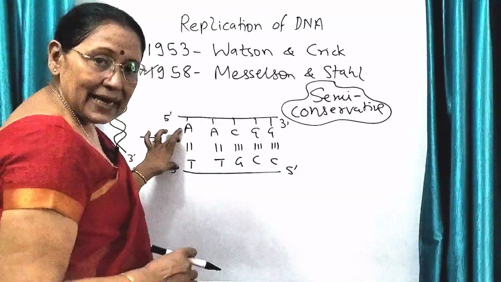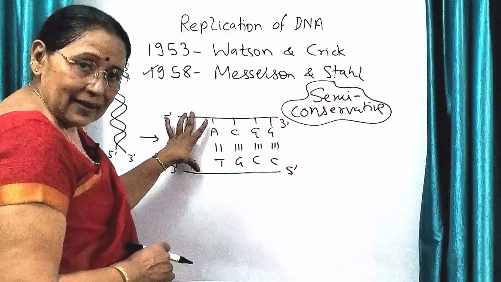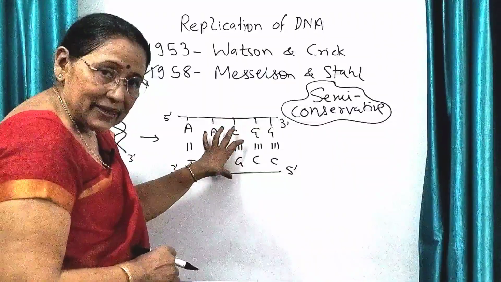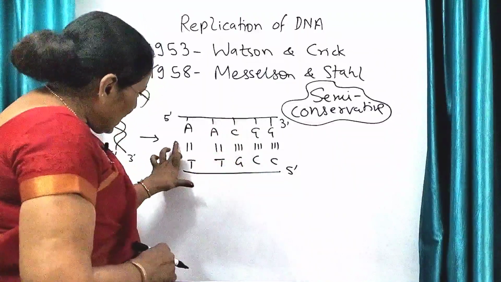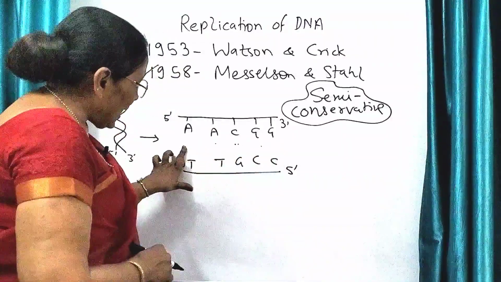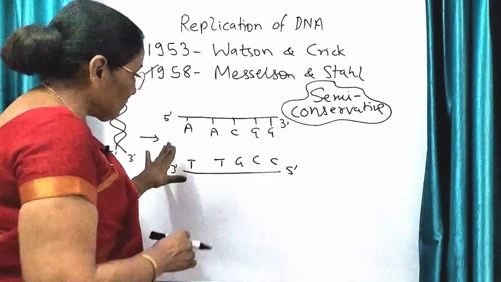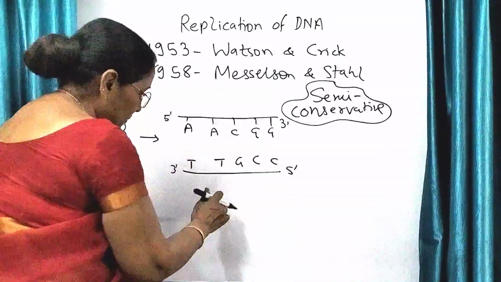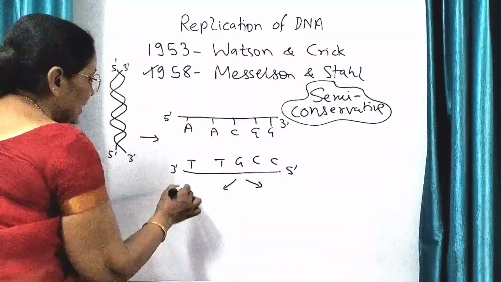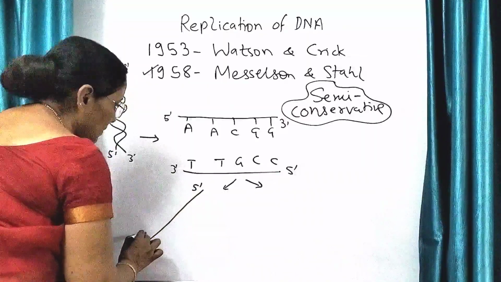Now looking at this diagram, Watson and Crick could see that these are the 2 strands and these hydrogen bonds by which they are held together are very weak bonds. If these hydrogen bonds are broken down, then these 2 strands will separate. When these 2 strands separate, this strand, I am writing this side, is its 5' end, this is its 3' end.